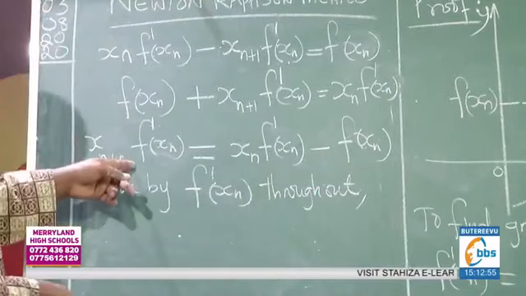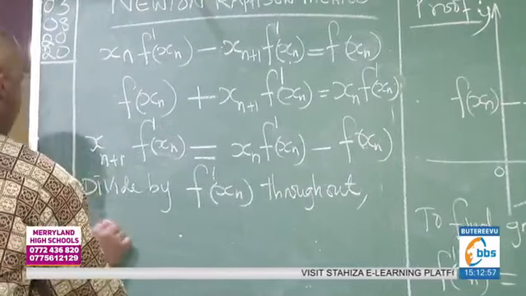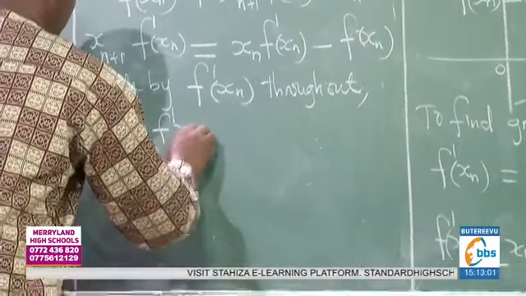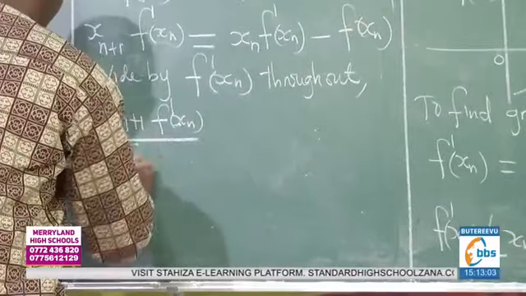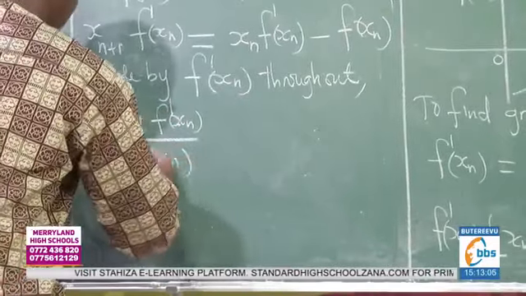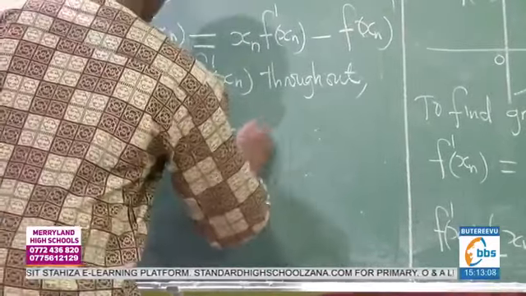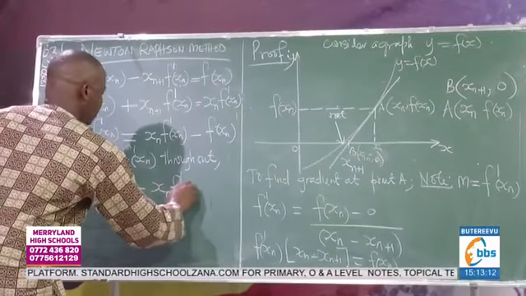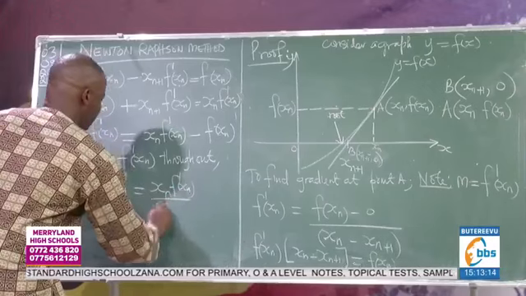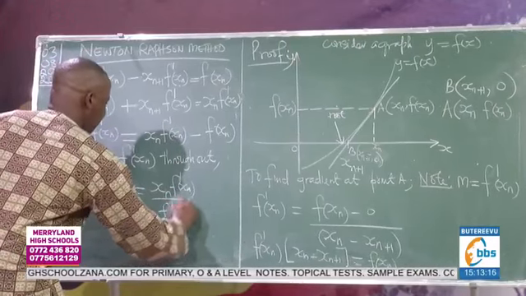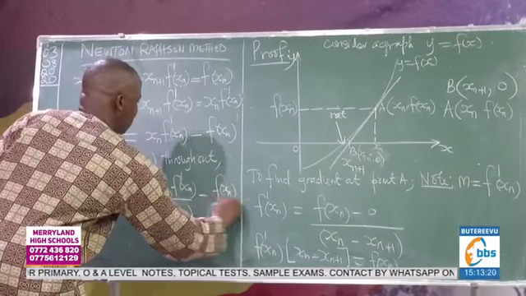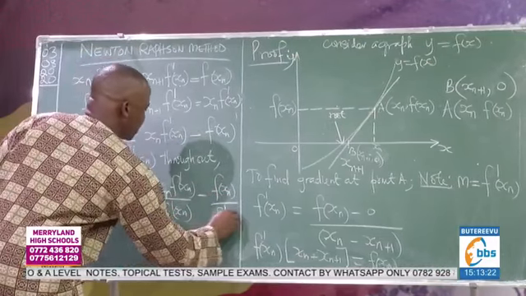If I divide it on the left and on the right, I will get x_{n+1} f'(x_n) over f'(x_n) should be equal to x_n f'(x_n) over f'(x_n), let me separate it straight away, minus f(x_n) over f'(x_n).